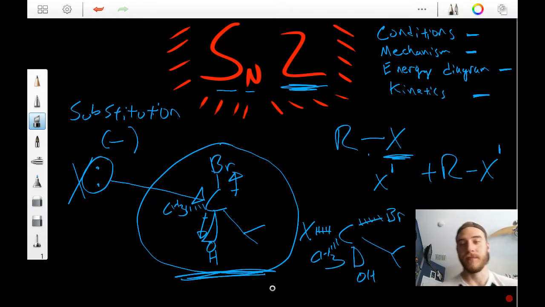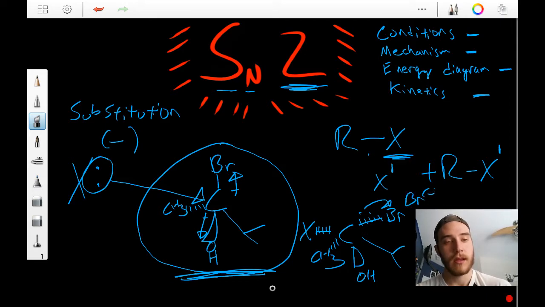Now, our bromine is a good leaving group because it likes to have a lot of electrons. When it leaves, it'll take the electrons that are in this bond with it. A lot of times we see bromine in its anionic state, because it likes to be in that type of state.